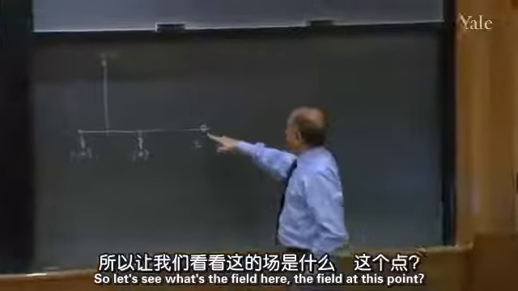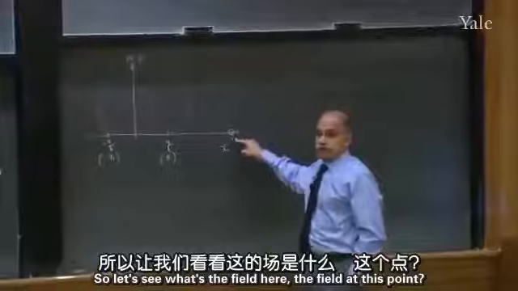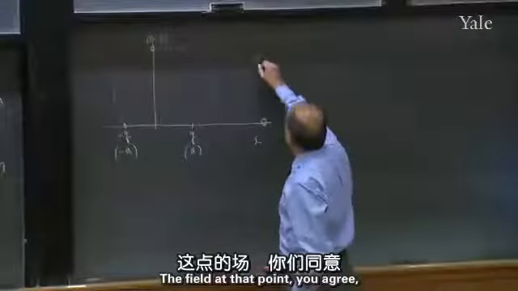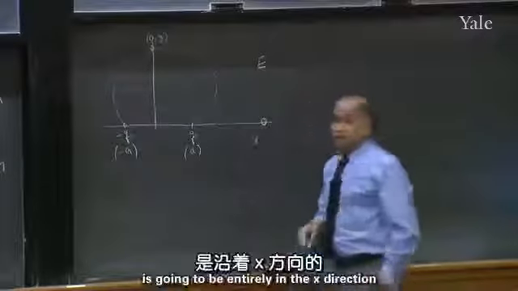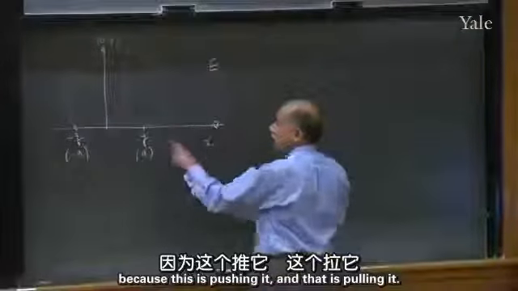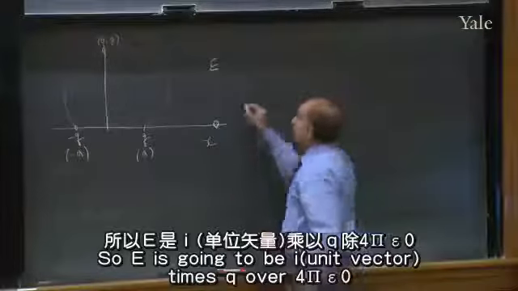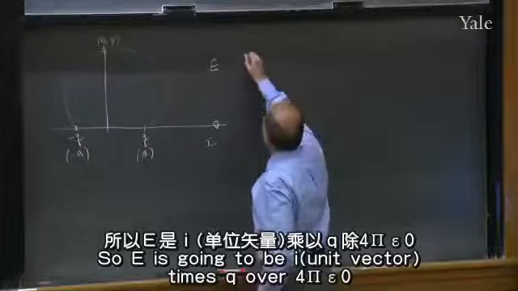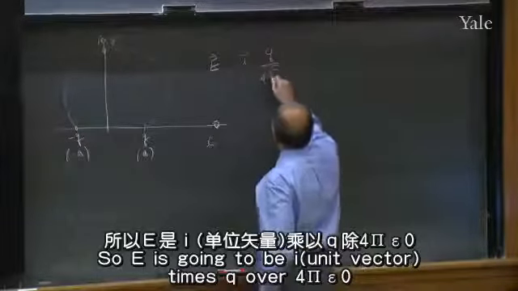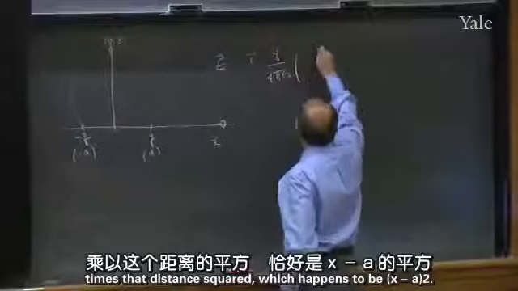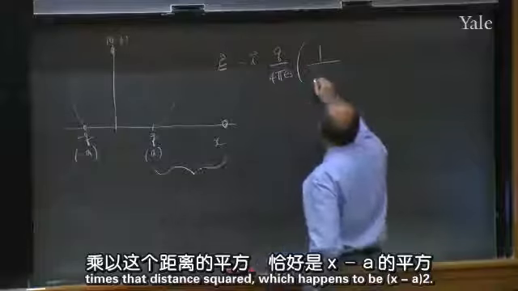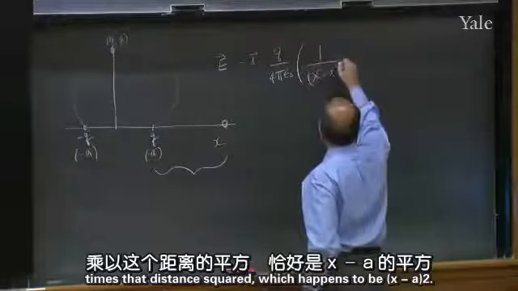So let's see what's the field here. The field at that point, you agree, is going to be entirely in the x direction, because this is pushing it, that is pulling it. So E is going to be i unit vector times Q over 4 pi epsilon 0 times that distance squared, which happens to be x minus a squared.